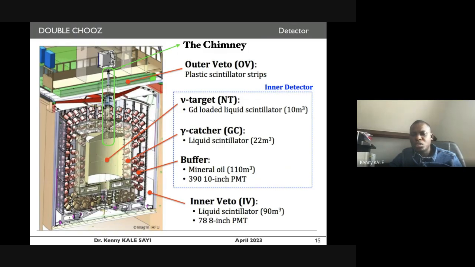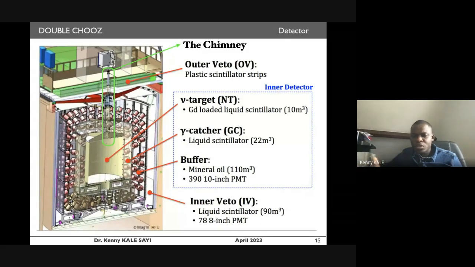Just to show you the detector I'm talking about: I said to you that neutrinos interact very, very weakly, so if you want them to interact, you have to build huge detectors. This detector you see here is 7 meters high and about 4 meters wide. So this is huge.